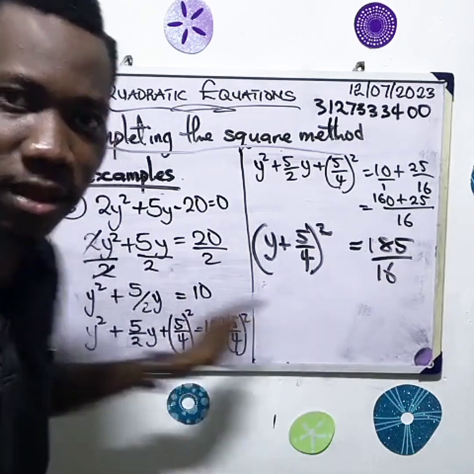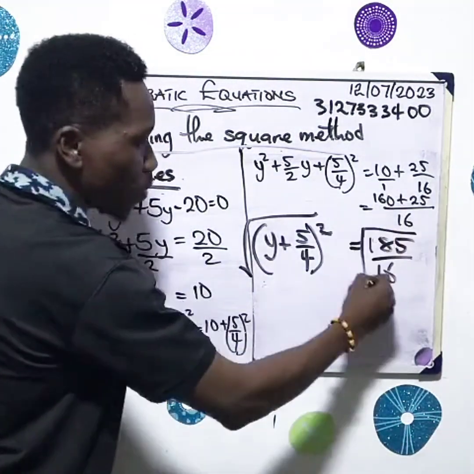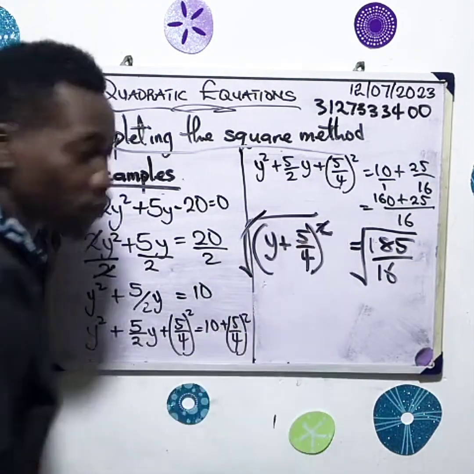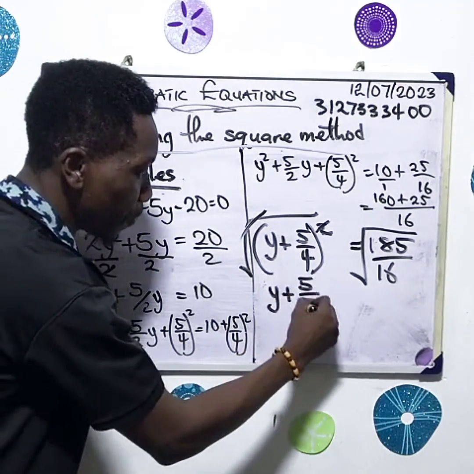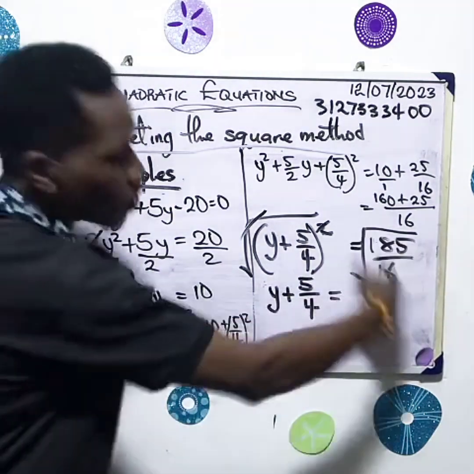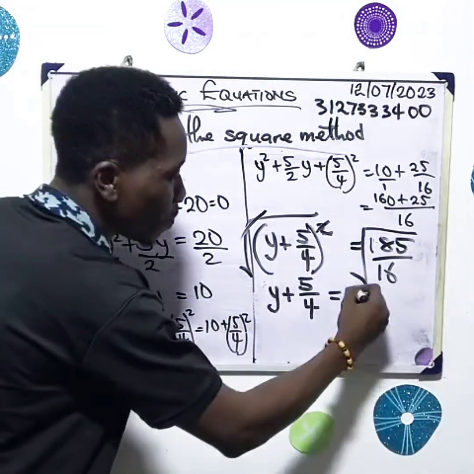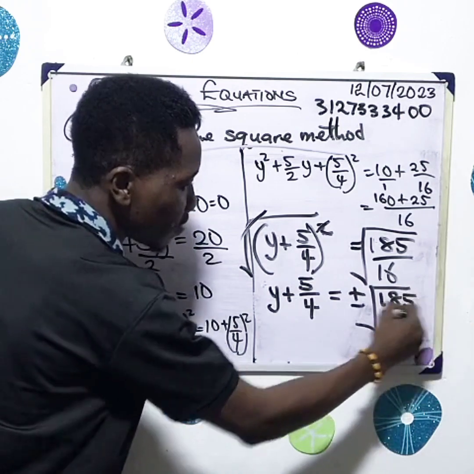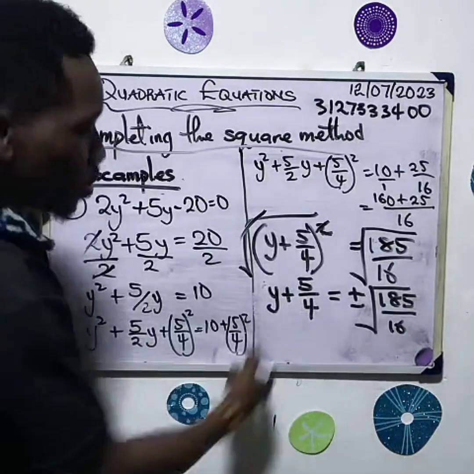The square root will cancel the square, and then you have y plus 5/4 equals the square root of whatever. It will give you plus or minus any value, right? So plus or minus the square root of 185/16. Someone should help us check the square root of 185. So now what are we going to do?